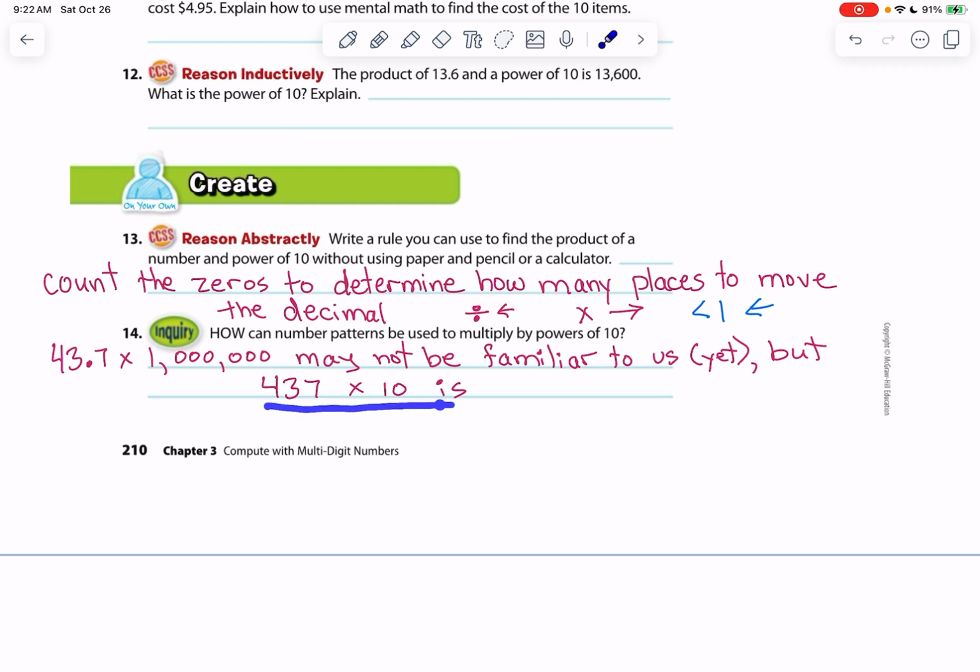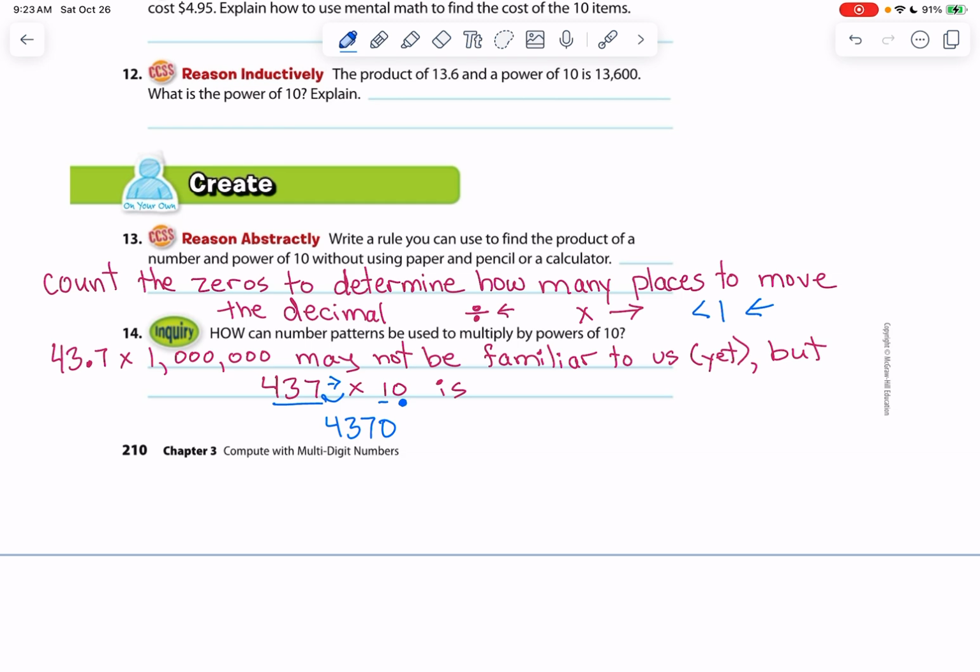So 437 times 10. We can figure that one out. We know that 437 times 1 is 437. There is 1 zero in 10, so put a 0 on the end. And then we think about it. What happened? We moved the decimal 1 place to the right because there was 1 zero in our power of 10.